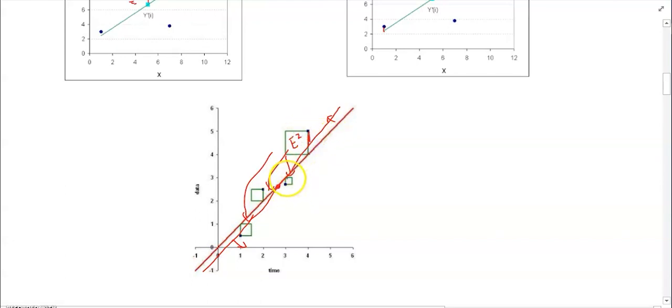This error here looks like it gets a little smaller, but this error here actually has increased. And this error, well, it looks like it may have gotten a little bit less. But the line moves in such a way that these squares change shape, but in such a way that it's the smallest possible area for these squares. All right, so that's the technical aspect of what's going on behind the scenes.